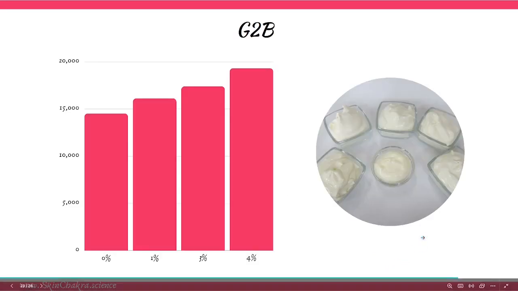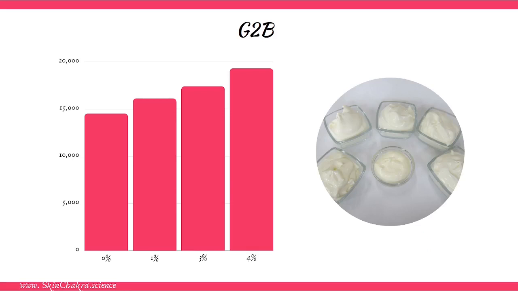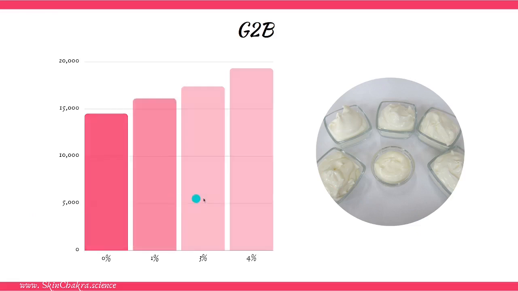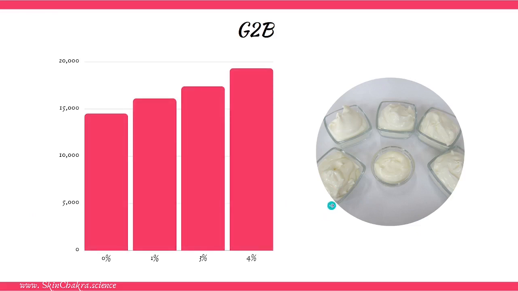Another viscosity modifier that we use and have shared the results of our experiments with you is the glyceryl dibehenate, G2B. It hugely increases the viscosity and it imparts a very nice texture and appearance, but it has a negative impact on the flow of the emulsion.